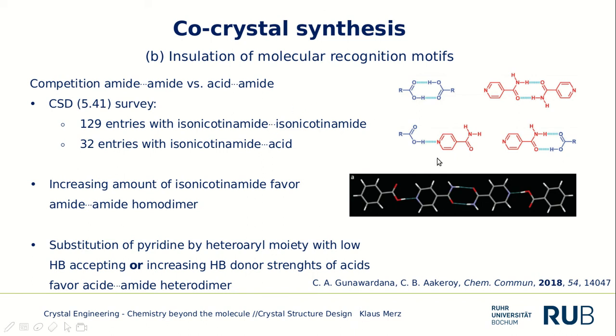I think this is a very nice example that it is always important to look very carefully at the systems you use and think about what different types of synthons and products could be obtained and how you can control it.